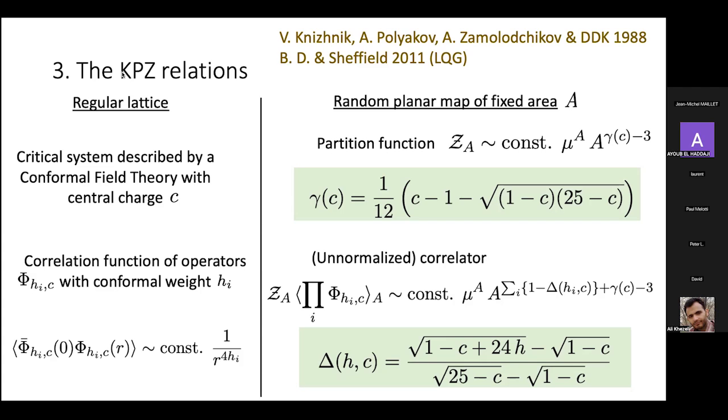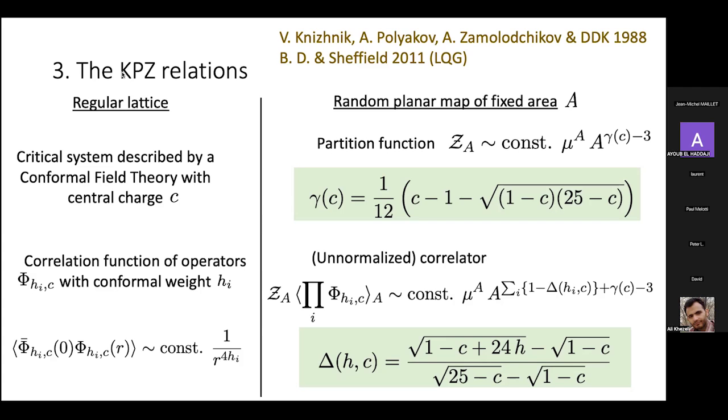And then the prediction of KPZ is that if you take the correlation function, the product of the phi_i with weights h_i and central charge C, then this correlation function, unnormalized, meaning you multiply it by the partition function (when you take an expectation, it should be divided by the partition function), is going to scale like mu to the A, like the partition function. And then there is a correction, which is exactly the same as before, A to the gamma(C) minus 3, but then plus the sum over all the insertions i of 1.